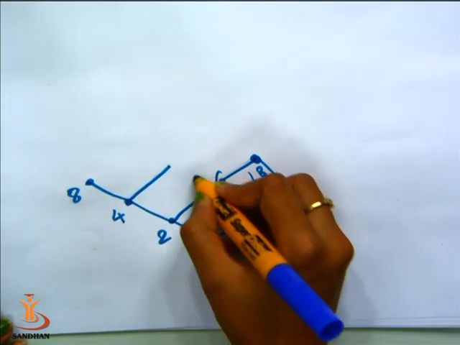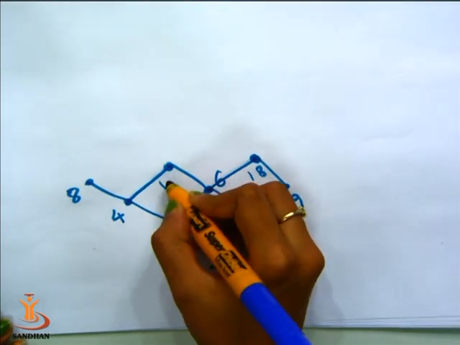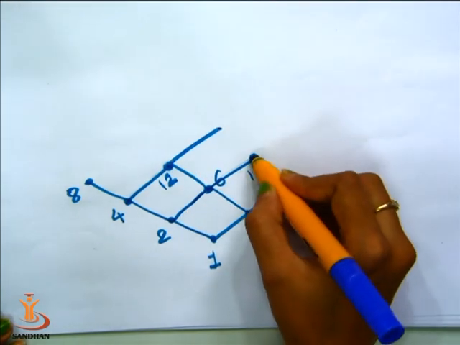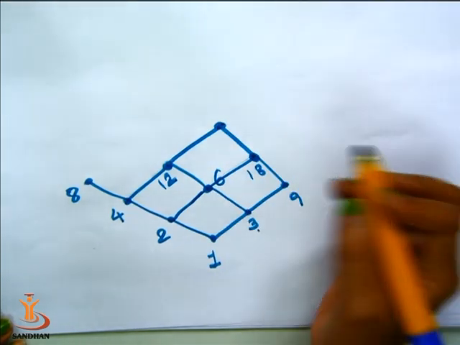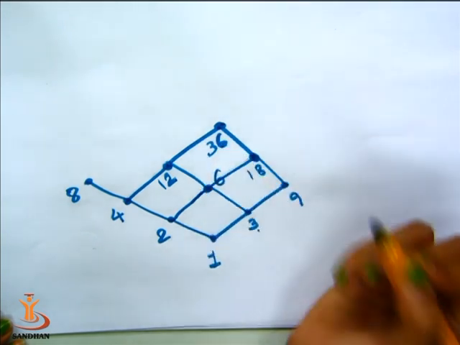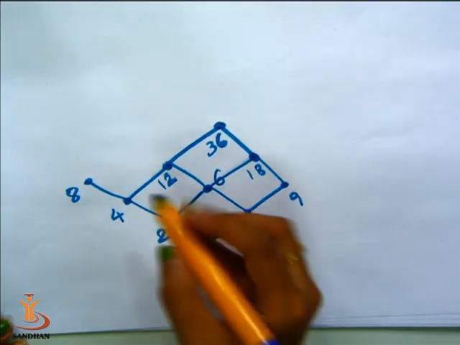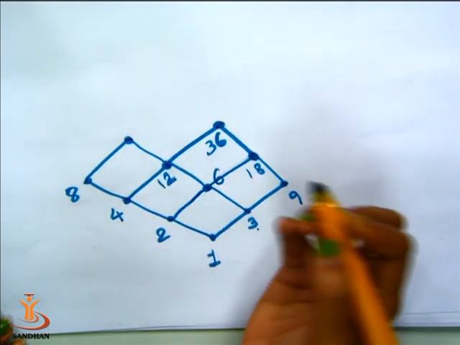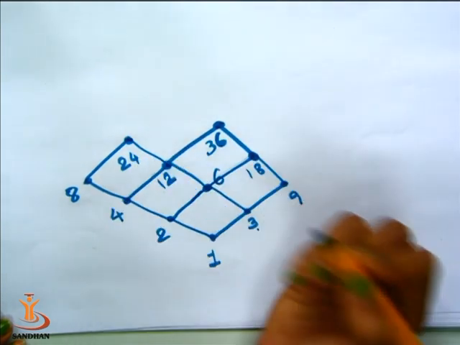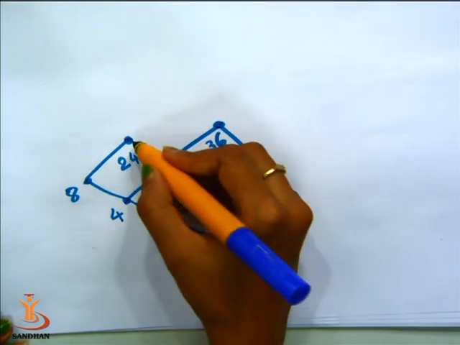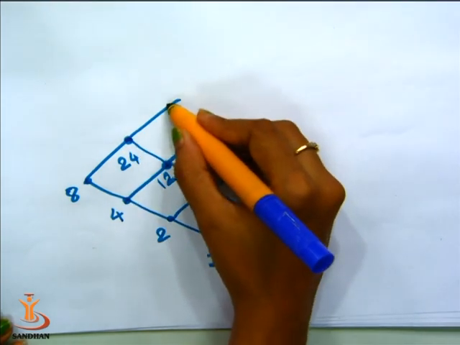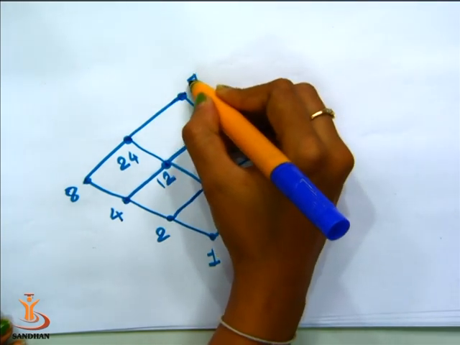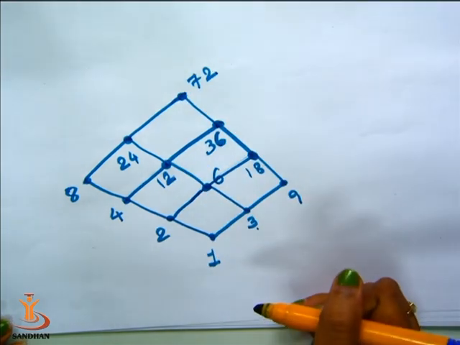Now 4 and 6 both divide 12. And 12 and 18 both divide 36. Now 8 and 12 both divide 24. And 24 and 36 both divide 72 here.